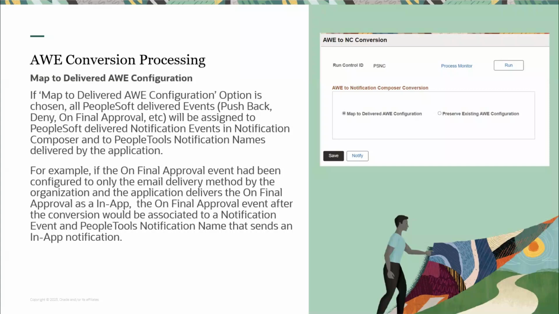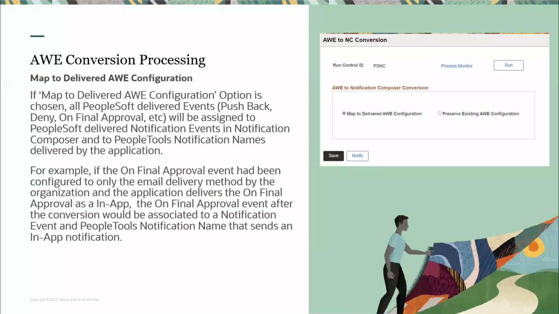For example, if the on final approval event had been configured by the organization to only use email delivery, and the application delivers the on final approval as an in-app notification, the on final approval event after the conversion would be associated to a notification event and notification name that sends an in-app notification.